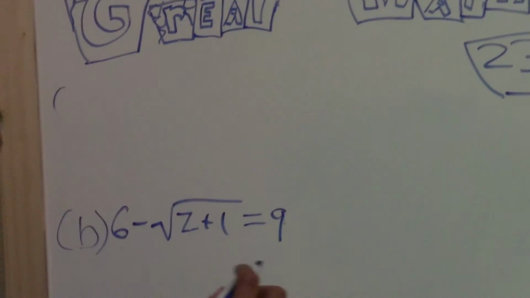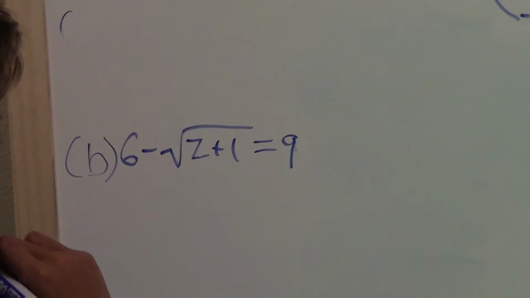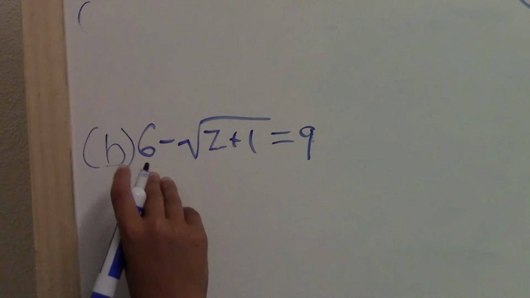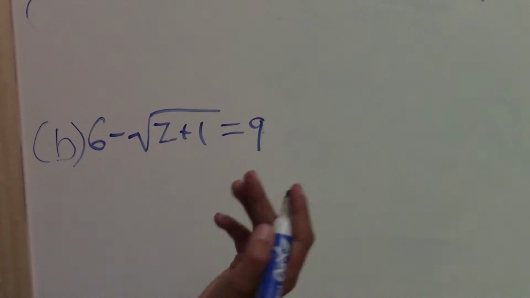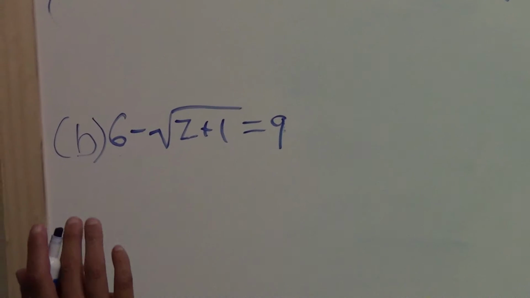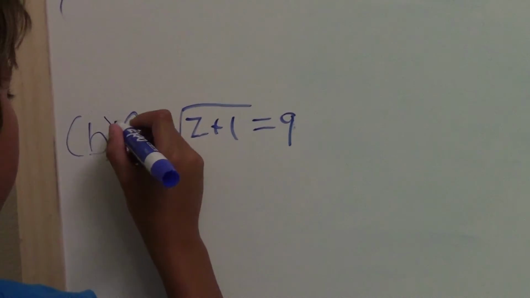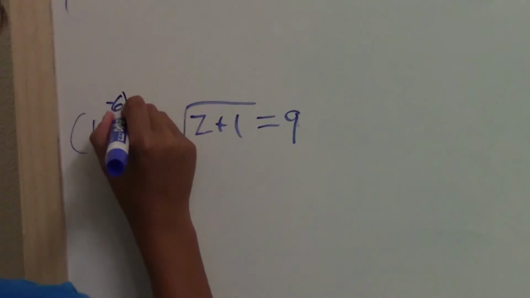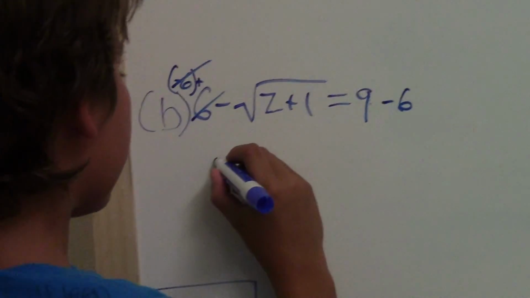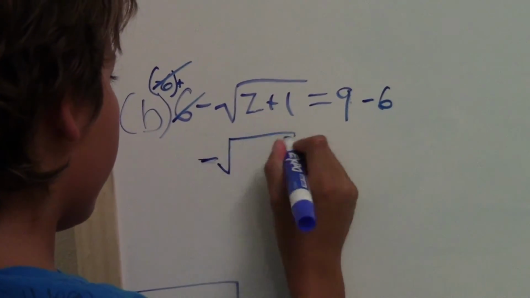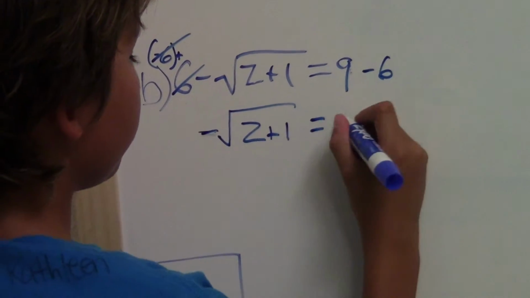Okay, for B, now let's solve it. If we want to do the square, we can't do it now. We would have to do it later after we move this out, because that would be way too confusing. So let's minus 6 on both sides. Then that's minus square root of the expression plus 1 is equal to 3.